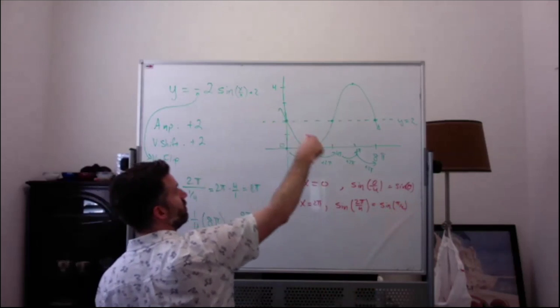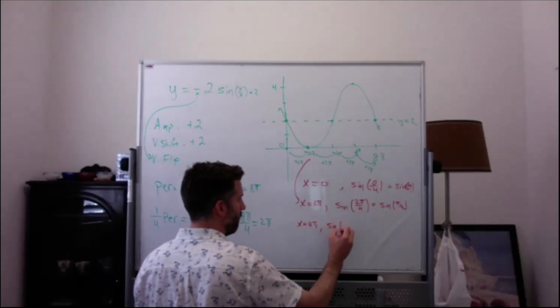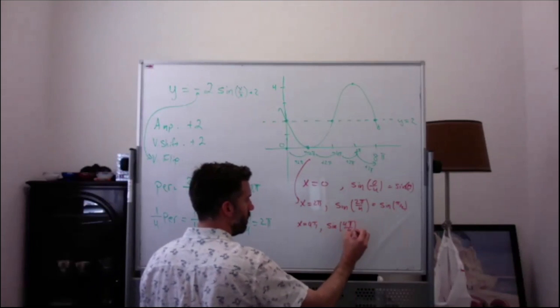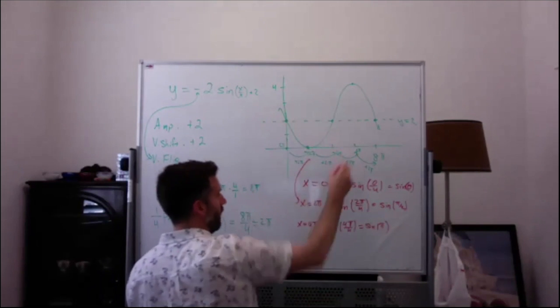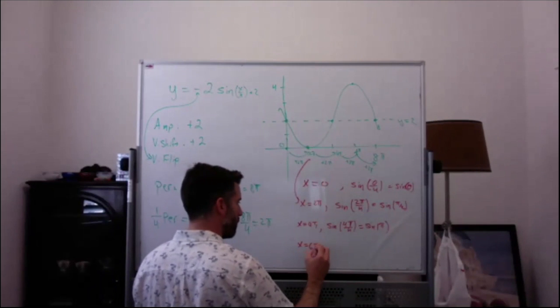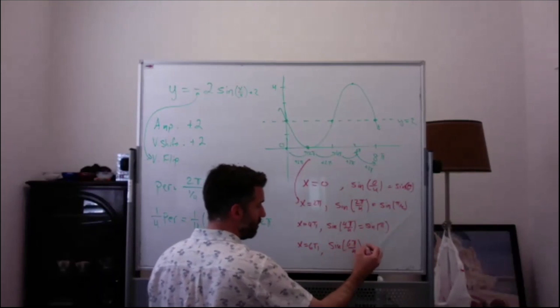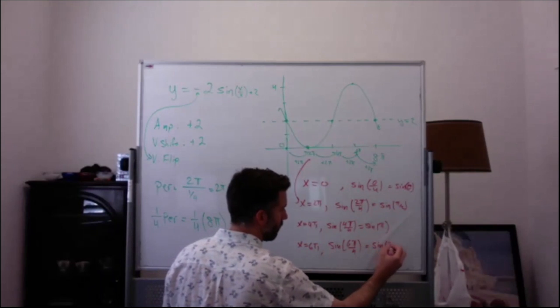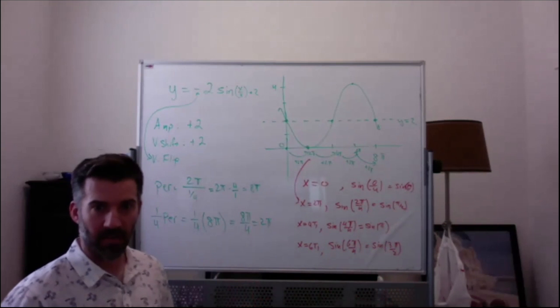If I do 4 pi, I have sine of 4 pi over 4, which is just sine of pi. If I do 6 pi, sine of 6 pi over 4 reduces to sine of 3 pi over 2. And then 8 pi over 4 is 2 pi.